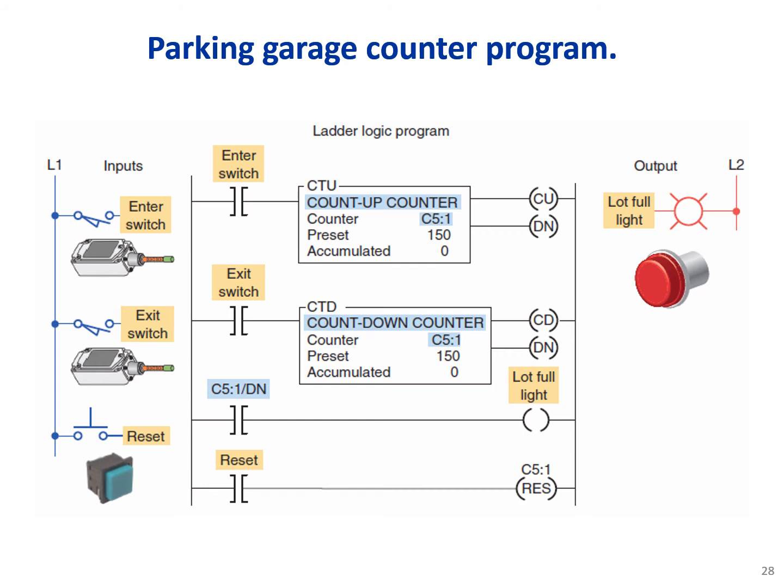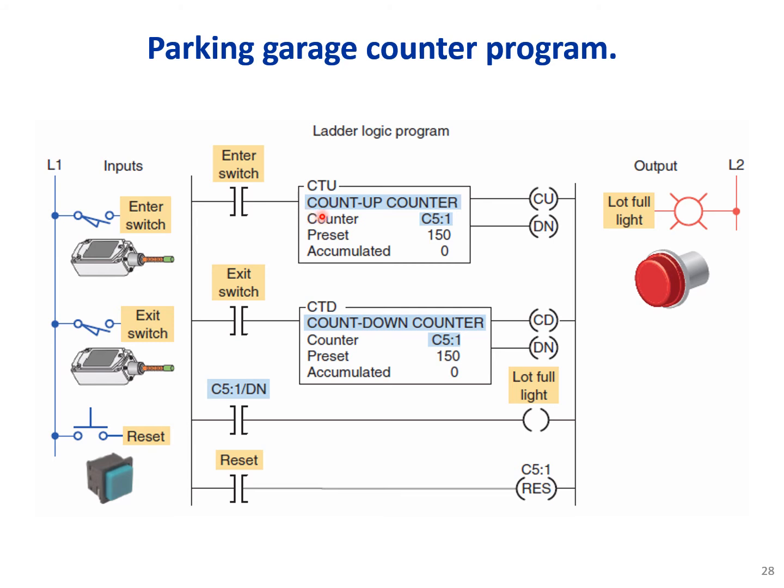Parking garage counter program. We have one switch at the entrance of the garage, and we have one exit switch at the exit door of the garage, and we have one reset push button.